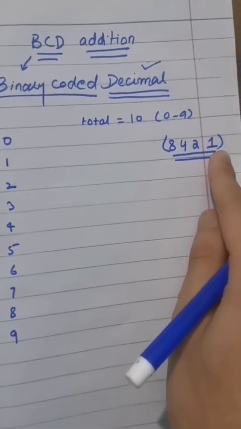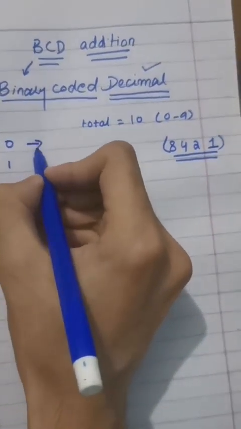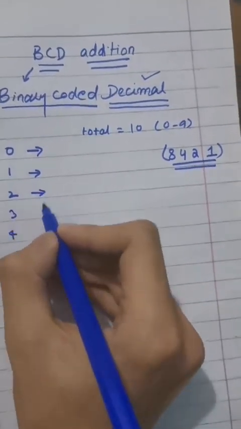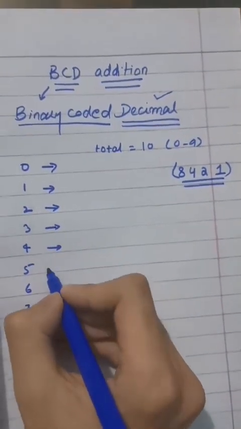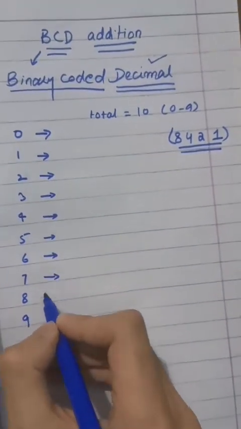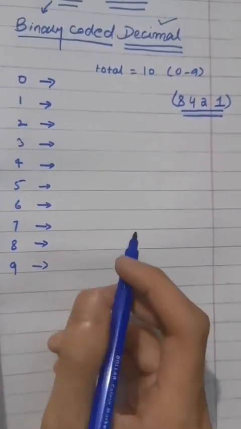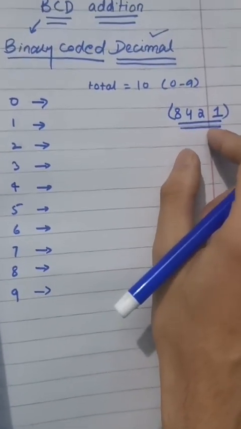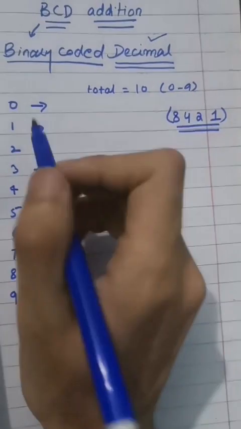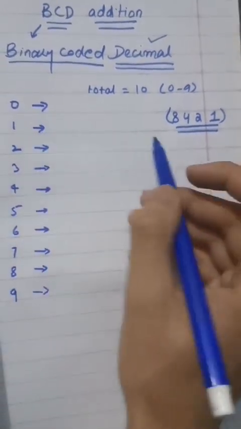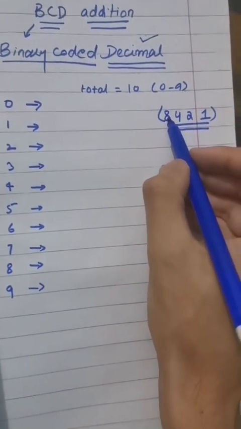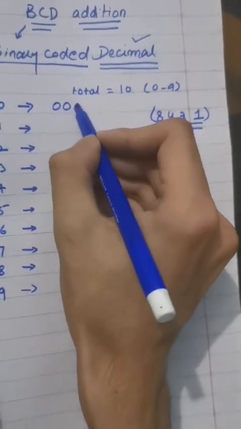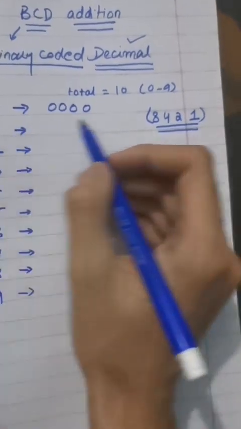Using this code, let's write out the binary of all these numbers. We're going to need a 4-bit representation. For 0, we see which bit will be turned on. For 0, all of the bits will be 0.